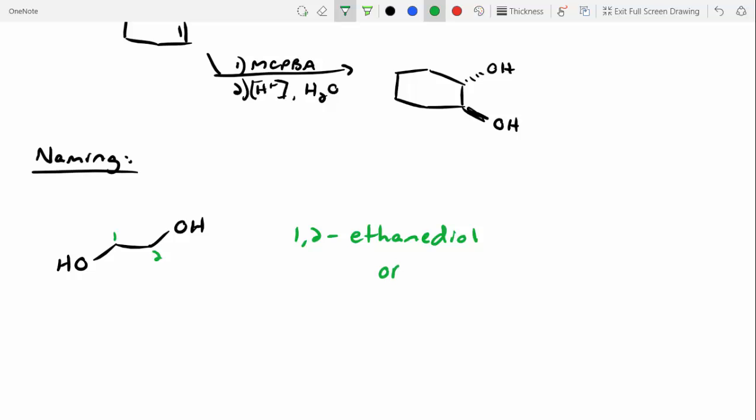There's also another very common name for this. Oftentimes people will call this ethylene glycol. So if you look at the suffix glycol, this is really just a pseudonym for a diol, right? So a glycol is two alcohols adjacent to one another. Why do you think we call it ethylene?